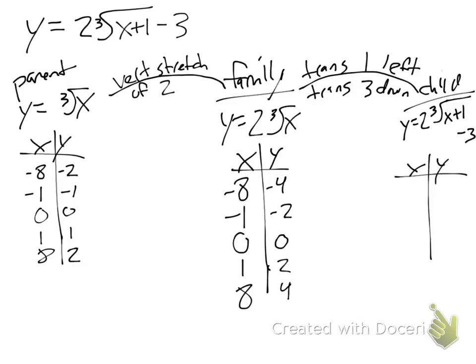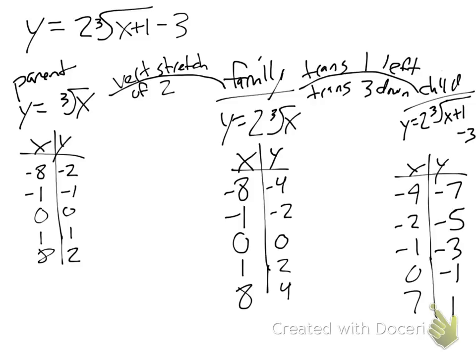So, since we're going left, we're going to go left 1. I'm going to subtract 1 from all my x's, so it'll be at -9, -2, -1, 0, and 7. And then we're going to subtract 3 from all my y's because I'm going down 3. So it'll be at -7, -5, -3, -1, and 1. That T-chart is the one we're going to graph.